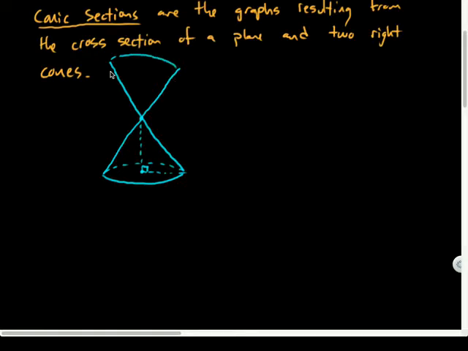You don't have to be awesome at drawing, just get an idea of what's going on. So I've got two congruent right circular cones like that, and now imagine I go Fruit Ninja on this and slice across it, or diagonally, or vertically, all sorts of different slices that I could do.